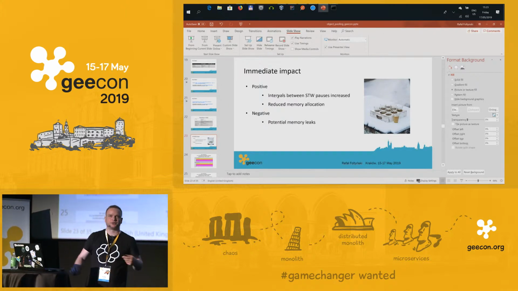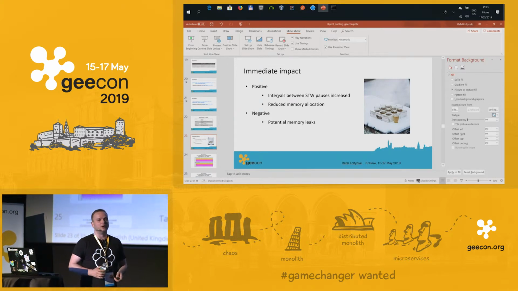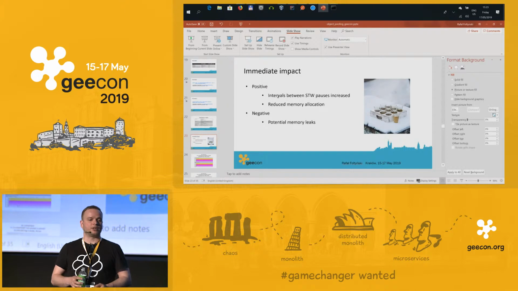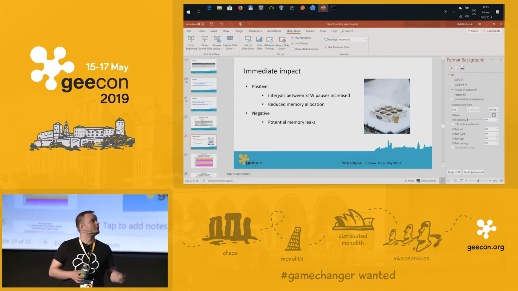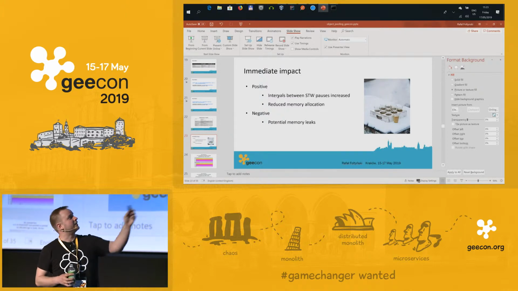So it meant that the intervals between STW pauses will get increased. The memory allocation will get reduced, but I would have to be very careful about not generating memory leaks and not leaving the glasses out of the tray.